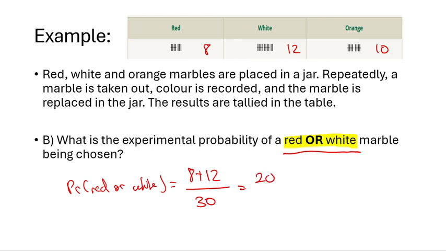So 8 plus 12 is 20 over 30. And then if you can simplify it, then you will. So that means the probability of me drawing either a red or white marble on the next draw is 2/3, which is actually pretty high. That's very, very high.